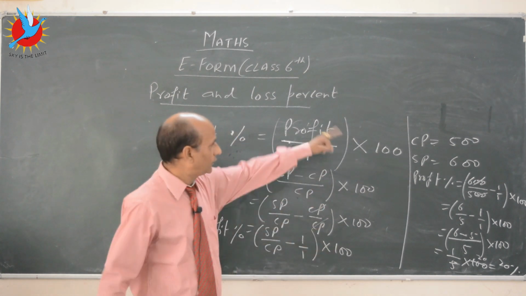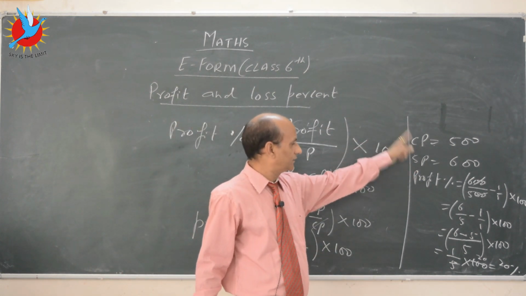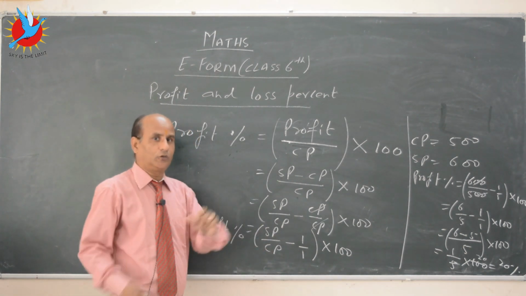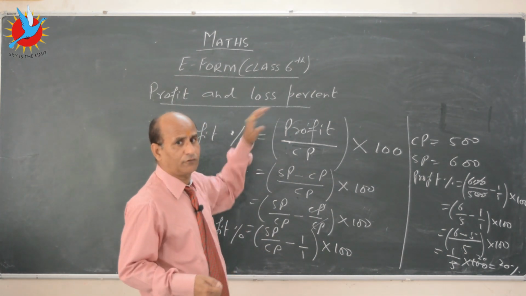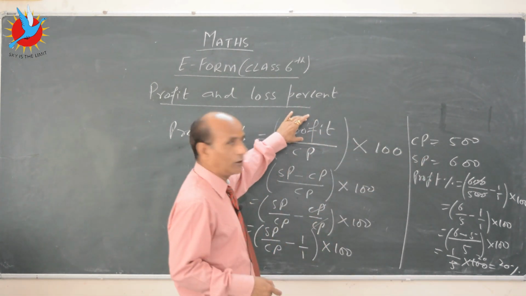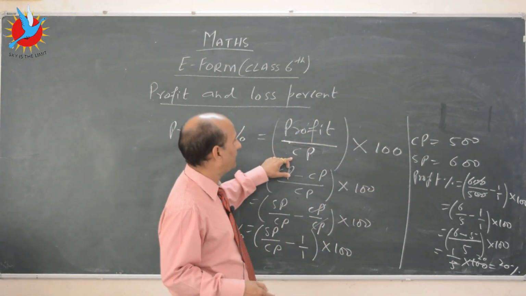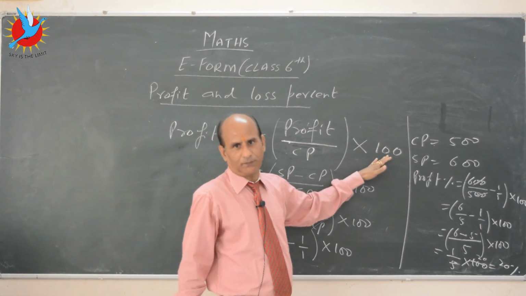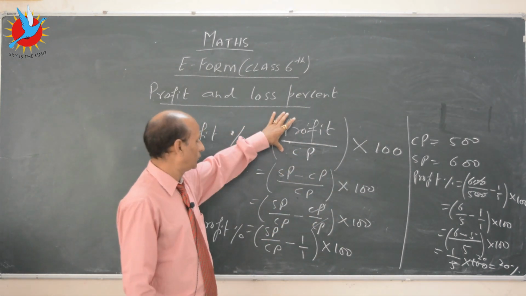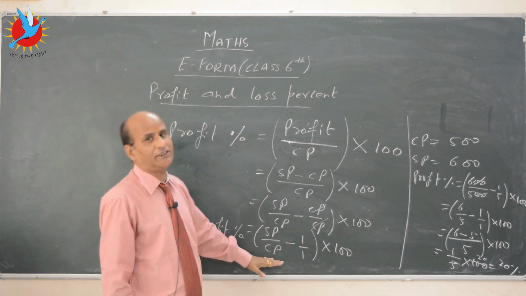So when cost price and selling price are given, then you can find the profit percent by directly using this formula. You can also use this other formula. For this, first you have to find the profit and then put the value of profit here and CP here, cancel it and multiply it by 100. So whatever you feel is easy, you can use. Either you can use this formula or that formula.